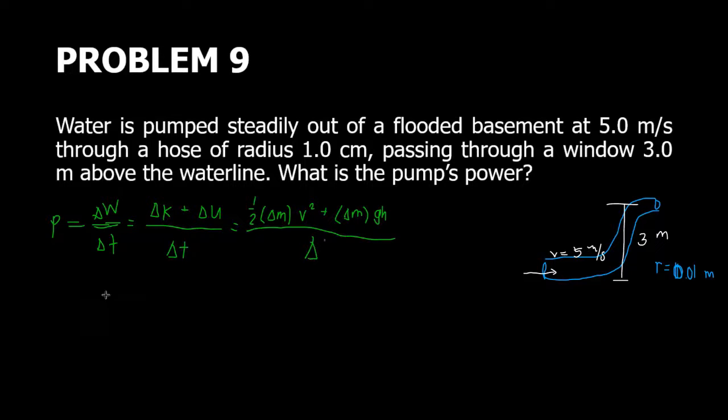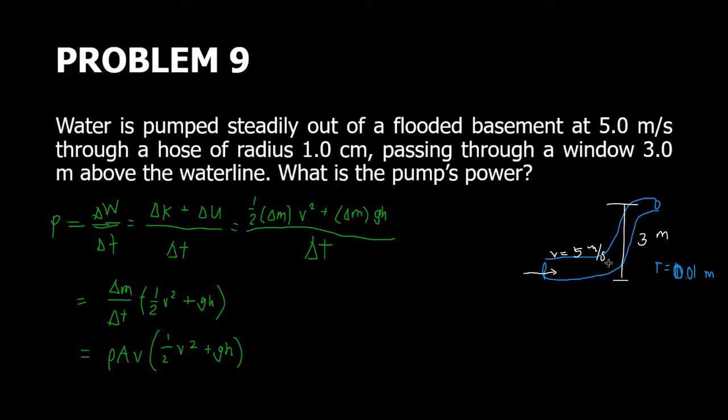And now let's factor out delta M. So it is delta M over delta T times 1/2 V squared plus GH. And earlier I also wrote what delta M over delta T is. That is the density times the cross-sectional area times the velocity. Right? Yeah, it's right. Times 1/2 V squared plus GH.